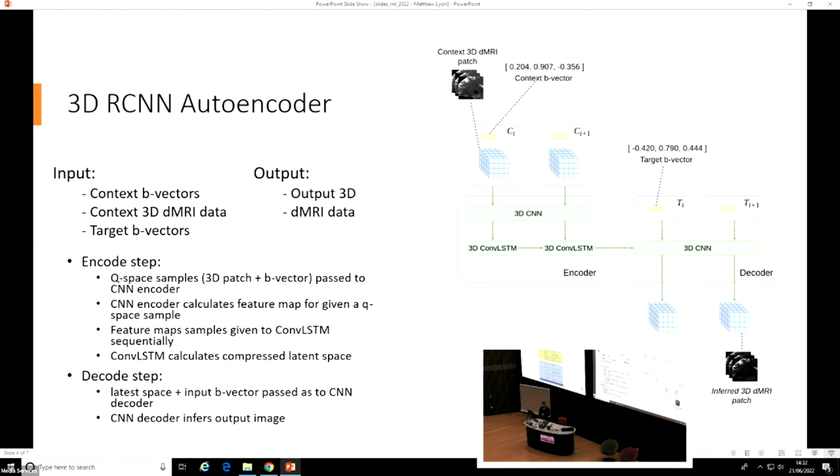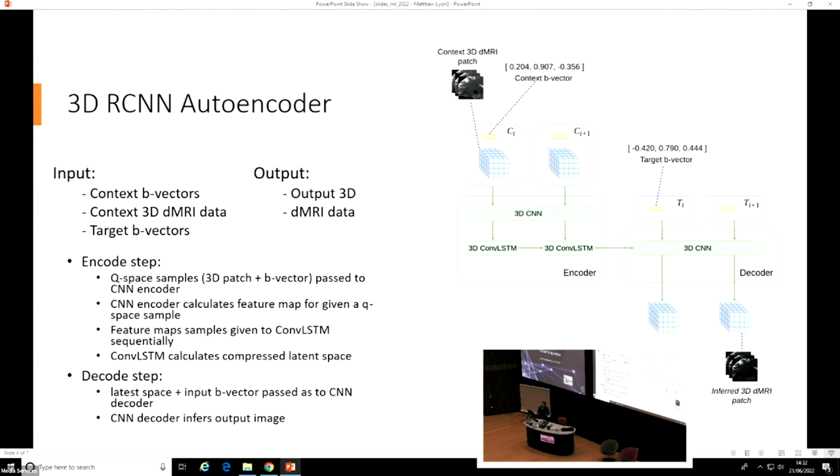The autoencoder consists of an encoder and a decoder. The encoder's job is to calculate a latent representation view of the entire Q-space, given only a subsample of Q-space samples. This latent representation view is then passed to the decoder along with some target B vectors to produce your output three-dimensional diffusion images.